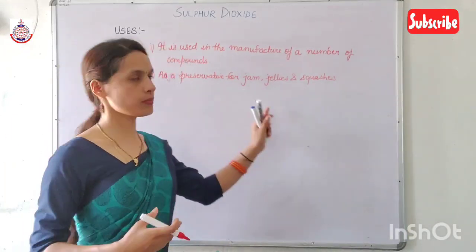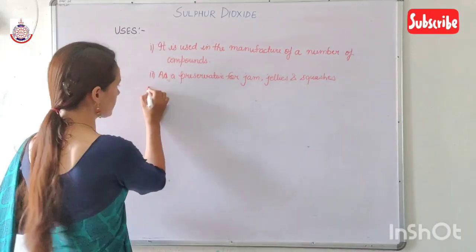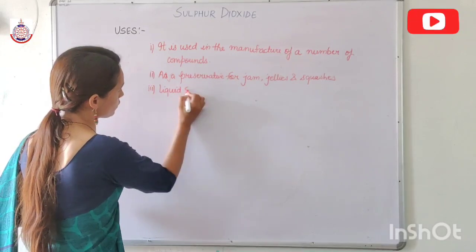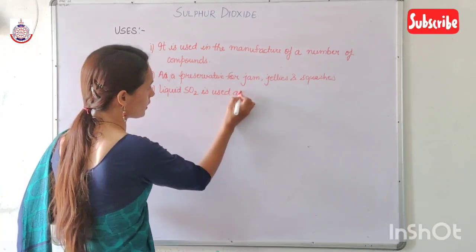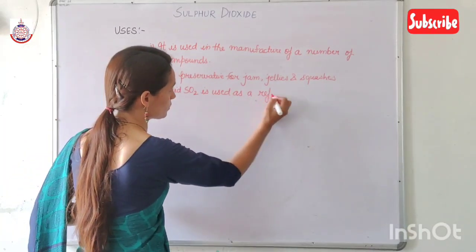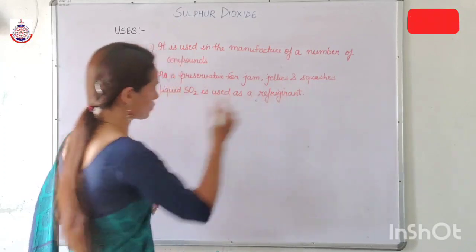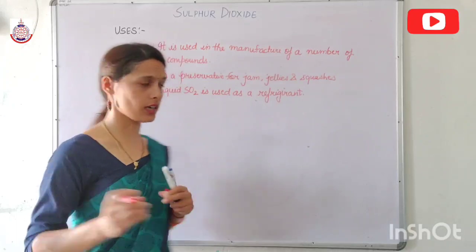Next, liquid SO2 is used as a refrigerant. So liquid sulfur dioxide is used as a refrigerant.